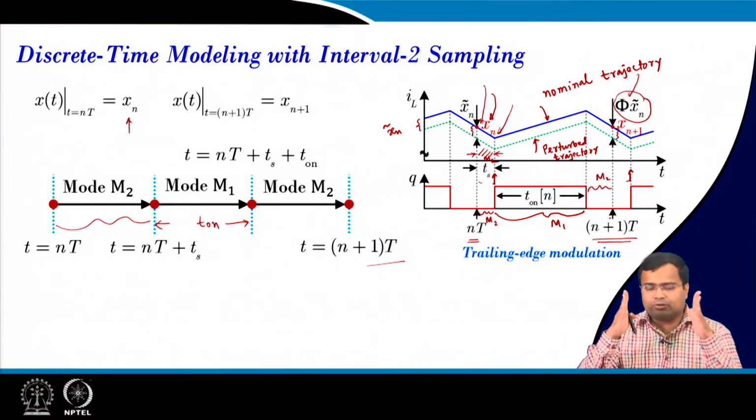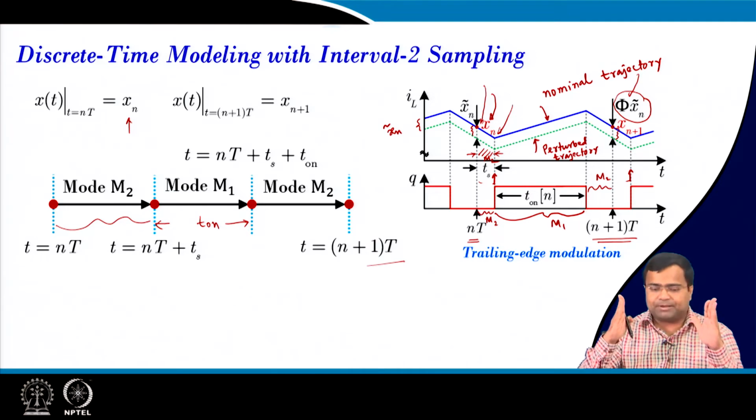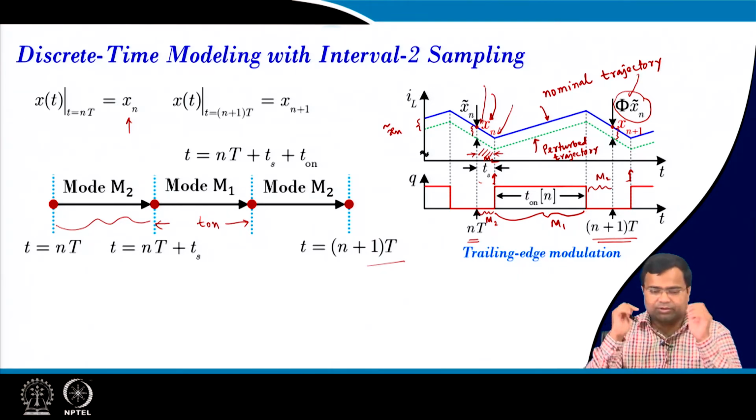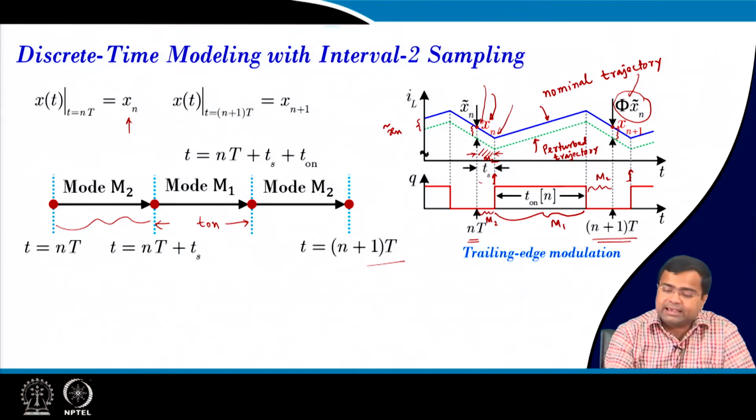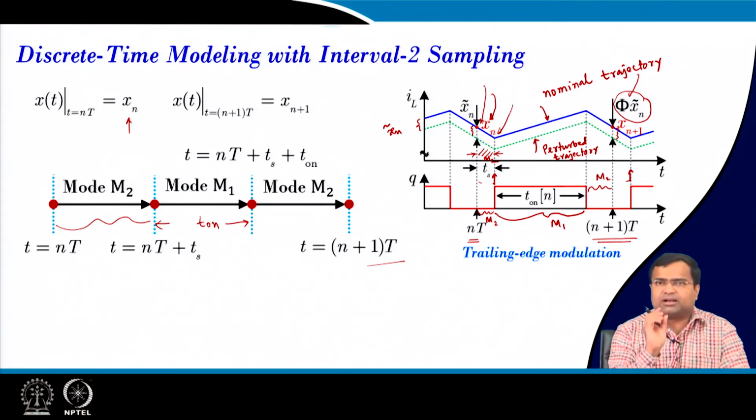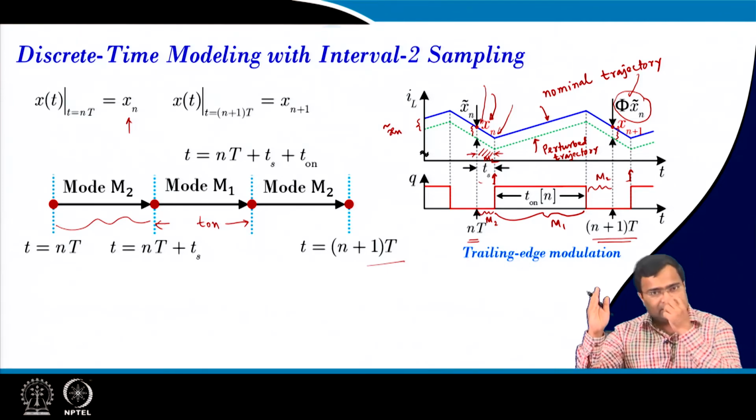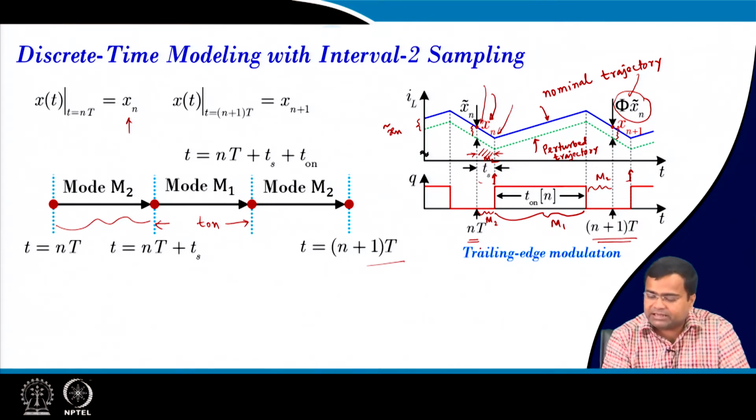So, we are talking about the mathematical model between two subsequent samples, where the starting value is xn and the final value is x n plus 1. We want to see, if we perturb the initial condition xn, what will happen at the end of this sampling interval, that means the cycle, which is synchronized with the sampling time.